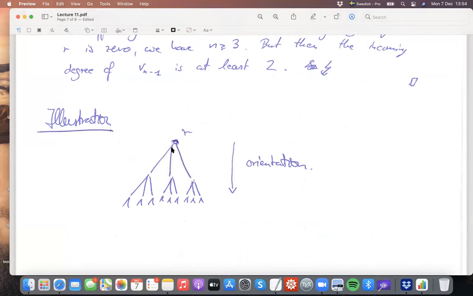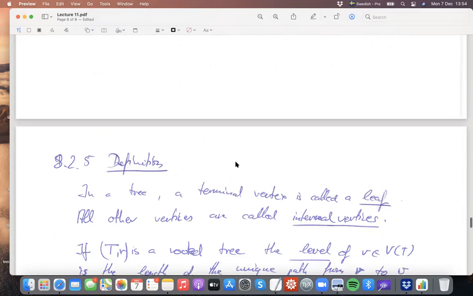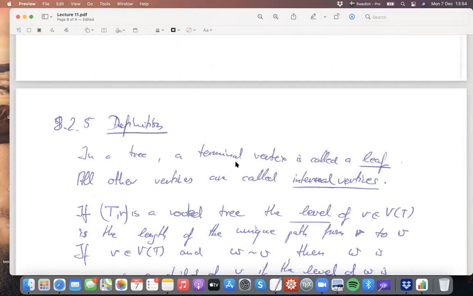Then those which correspond to elements of A1. Then those which correspond to pairs of elements A1, A2. This would be on this level. And then A1, A2, A3, the next level, and so on. And the orientation would be downwards on this picture: from the root to one-entry elements, two-entry elements, and so on. Okay.